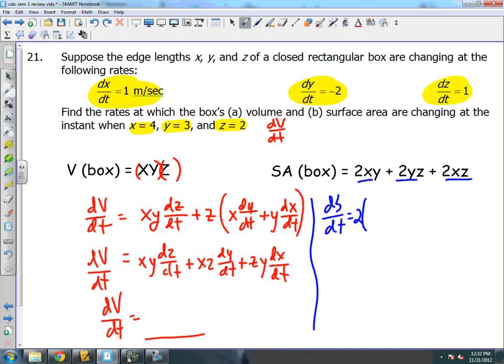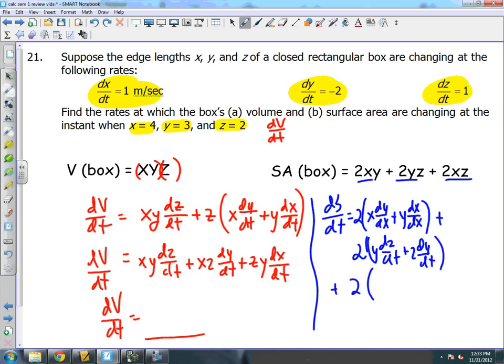So it's going to be 2 first times the derivative of the second plus second times the derivative of the first, plus 2 first times the derivative of the second, so y times dz/dt plus z times dy/dt, plus 2 x times dz/dt plus z times dx/dt.